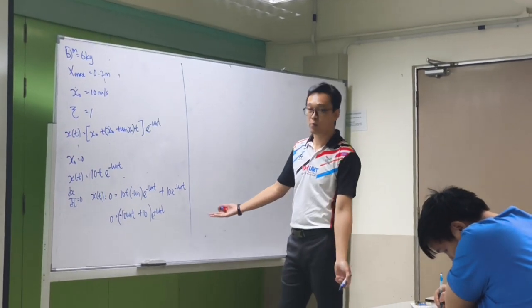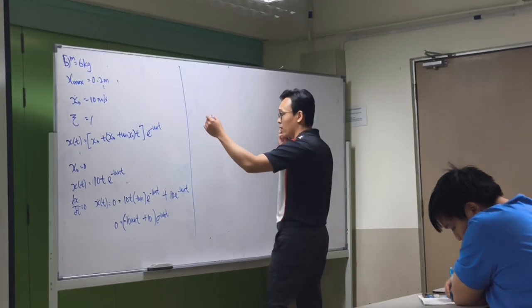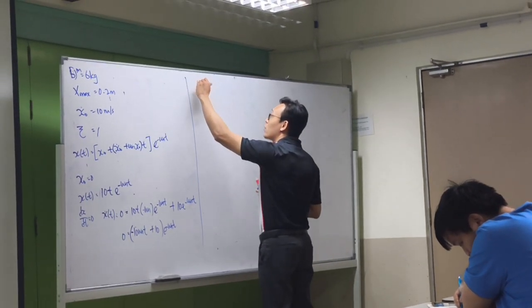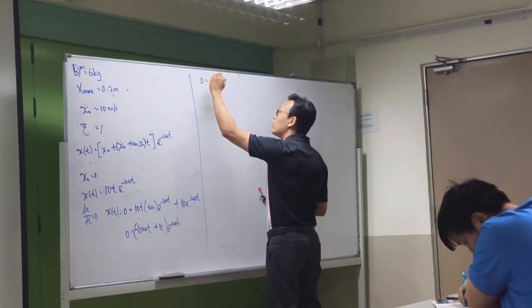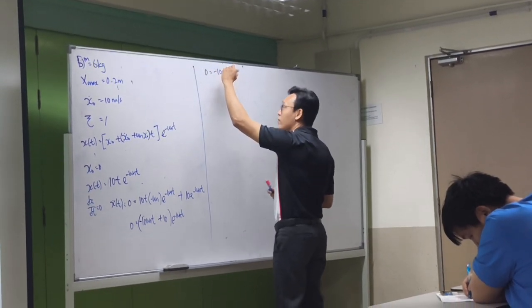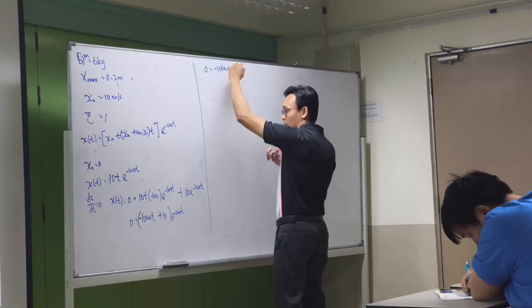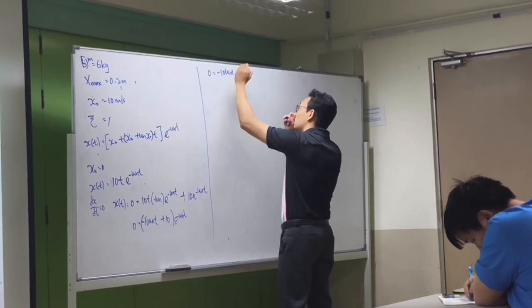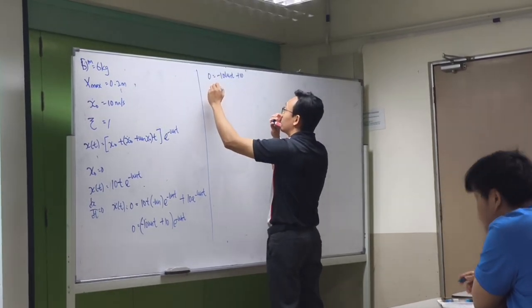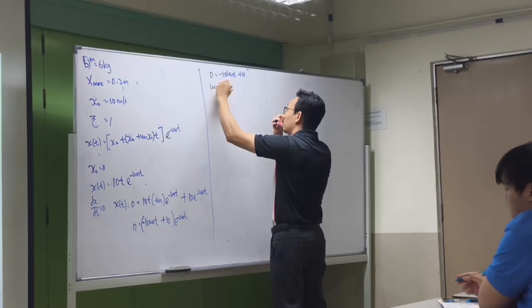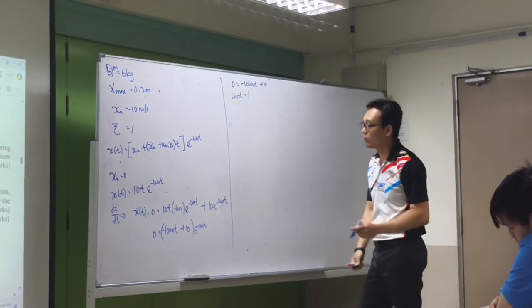So A can be 0 or B equal to 0. You have two options here. So I take the first option first: negative 10 omega n t plus 10 equals 0, so omega n t equals 1.